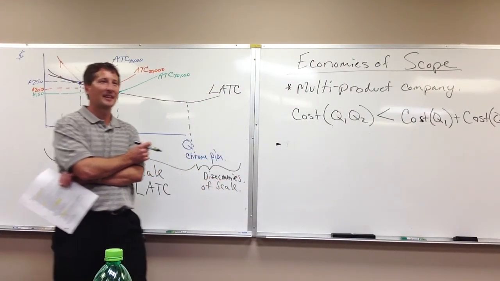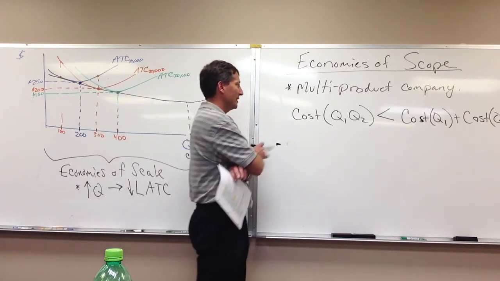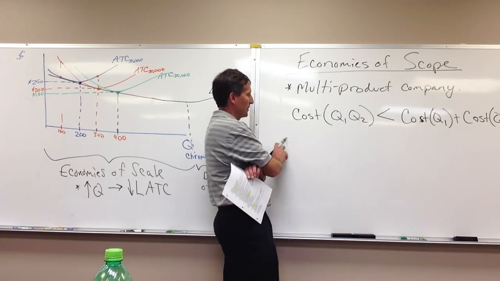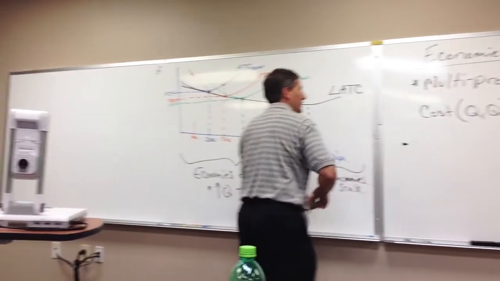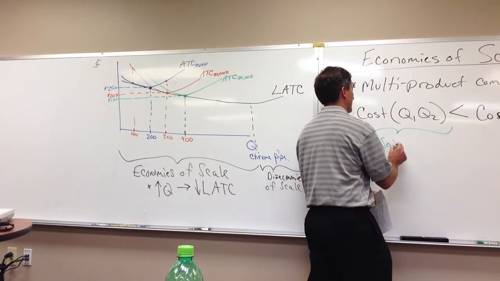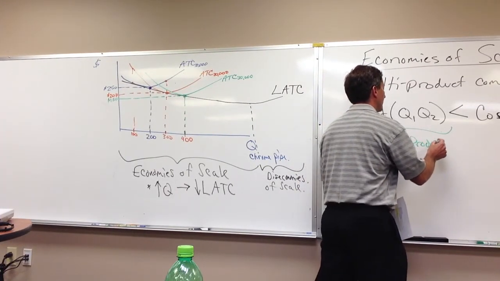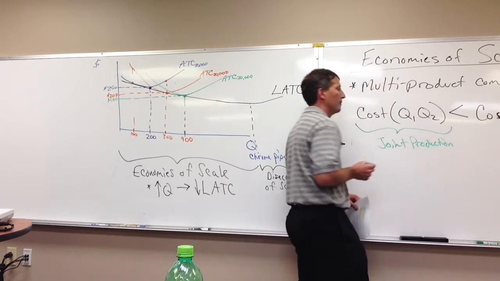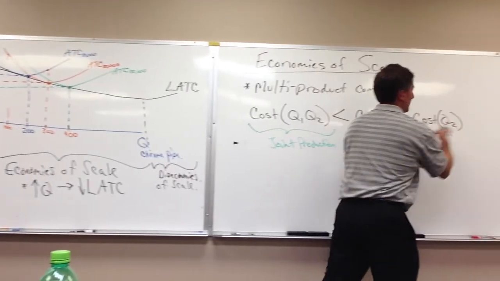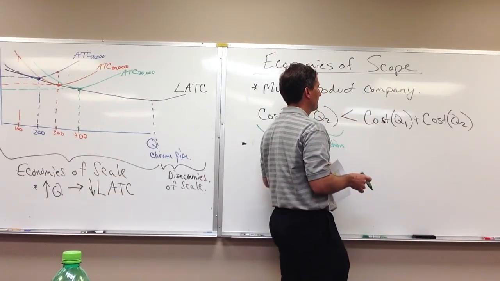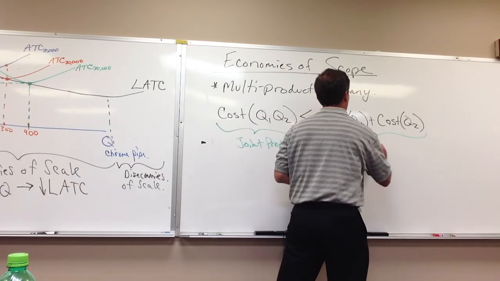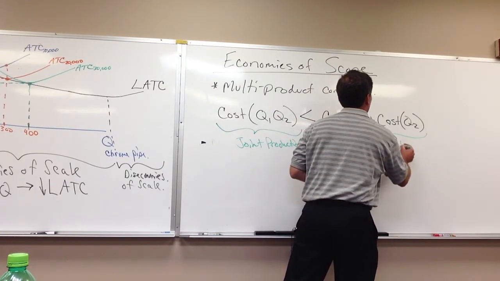This one kind of reads nicely. It's kind of cute. So we got the joint production. So you can kind of think of this as the joint production of both is less than if you were to open up a company and do everything separately. All right, so this is the sum of separate production.